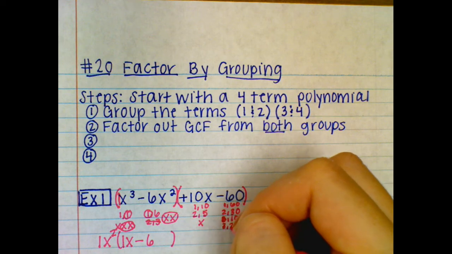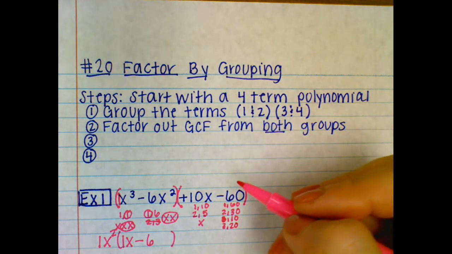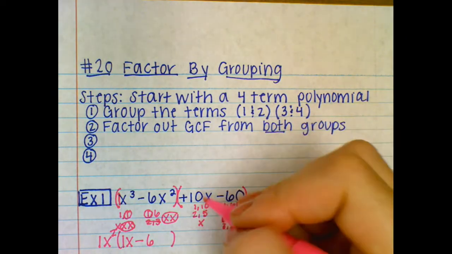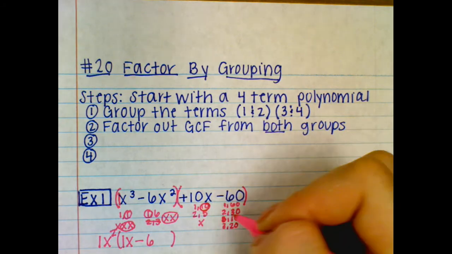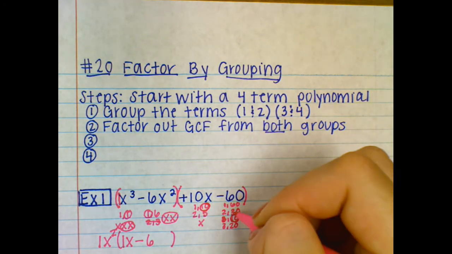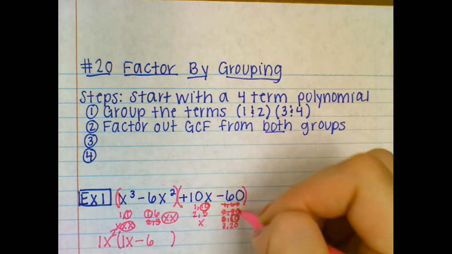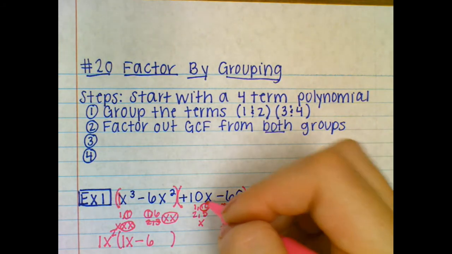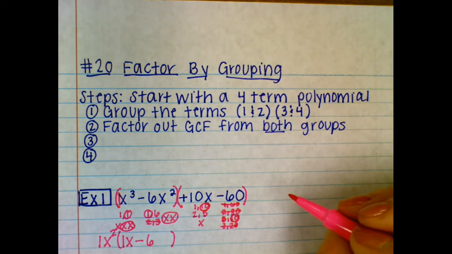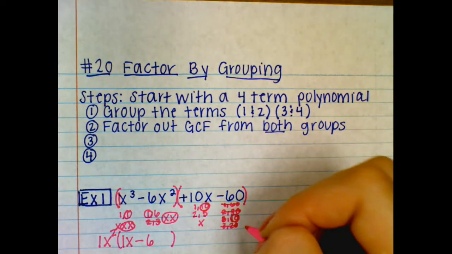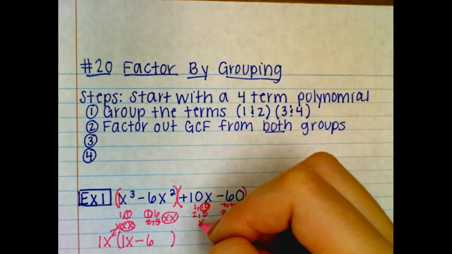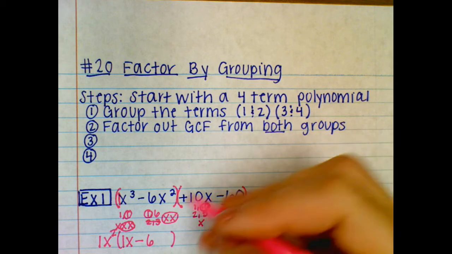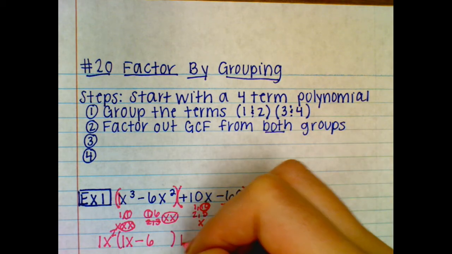Okay, so I look at my list. The greatest common factor is 10. I know that none of these are going to work because they're too big, right? 30, 20, 60 aren't even on 10's list. So there's 10, and there's no x's. So I have 10's, and here's an x, and there's no x's here, so no x's. That means the only thing on the outside of this parentheses is a 10.